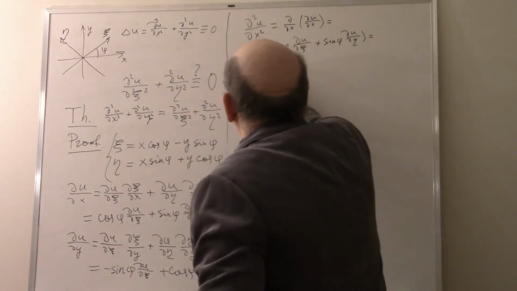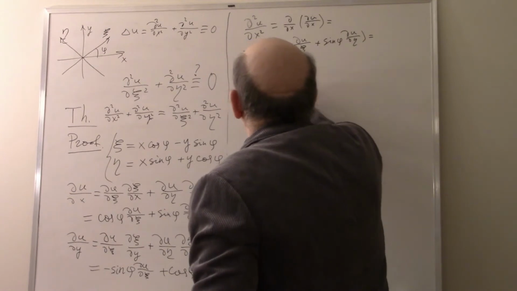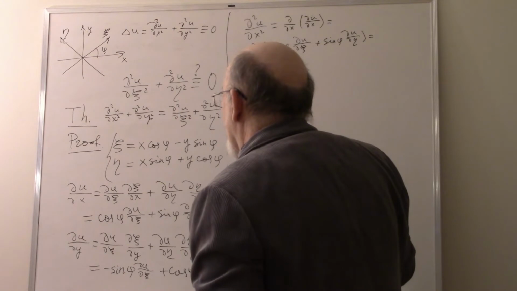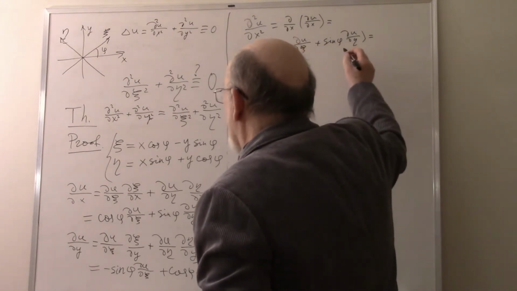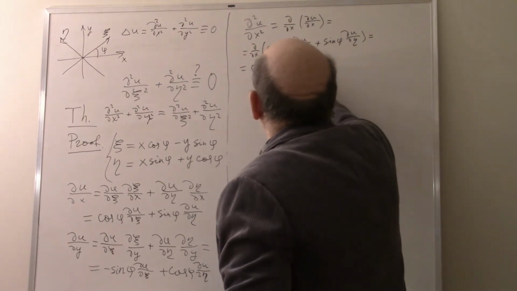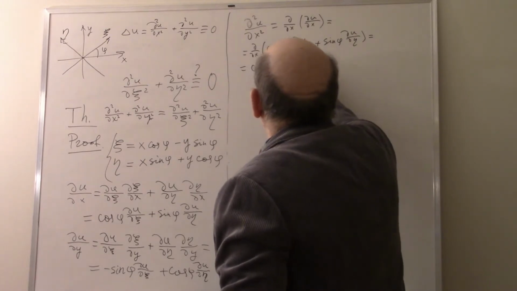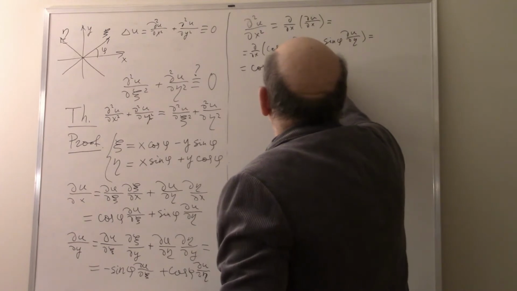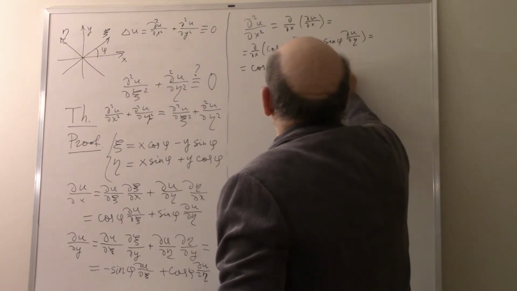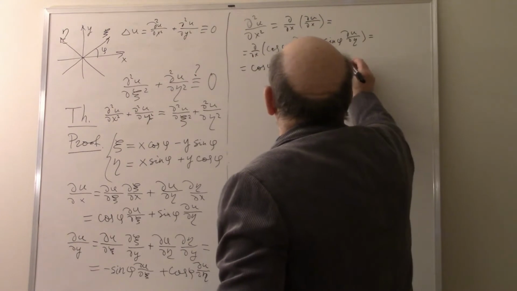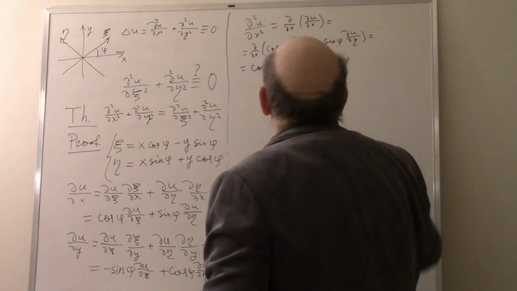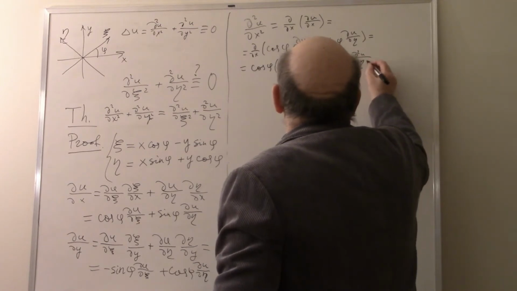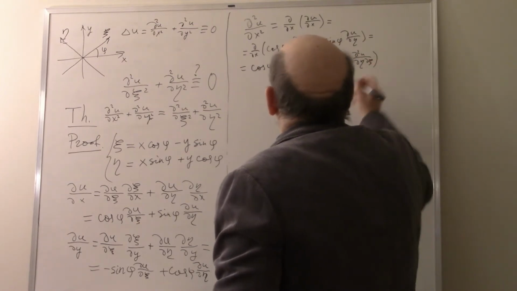It is cosine phi times now we have to differentiate this with respect to psi: cosine phi d2u d psi square plus sine phi d2u d eta d psi. Yeah.